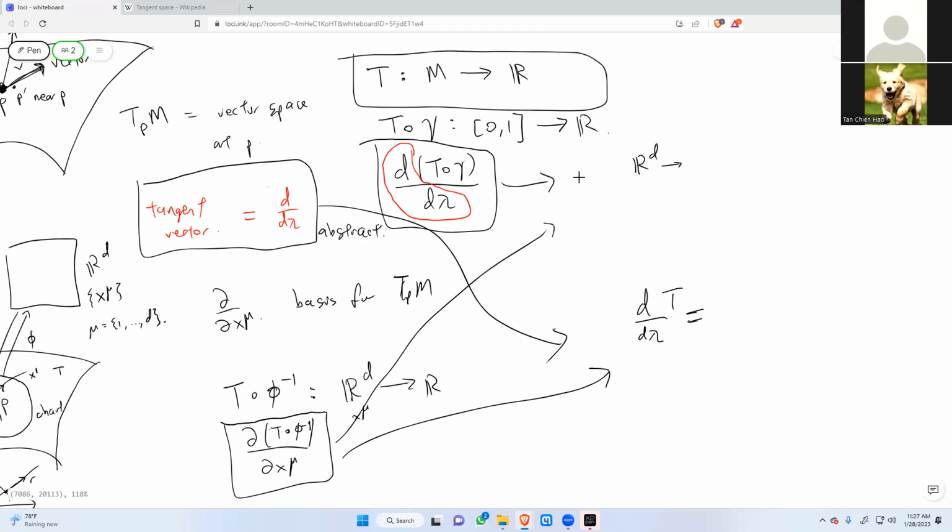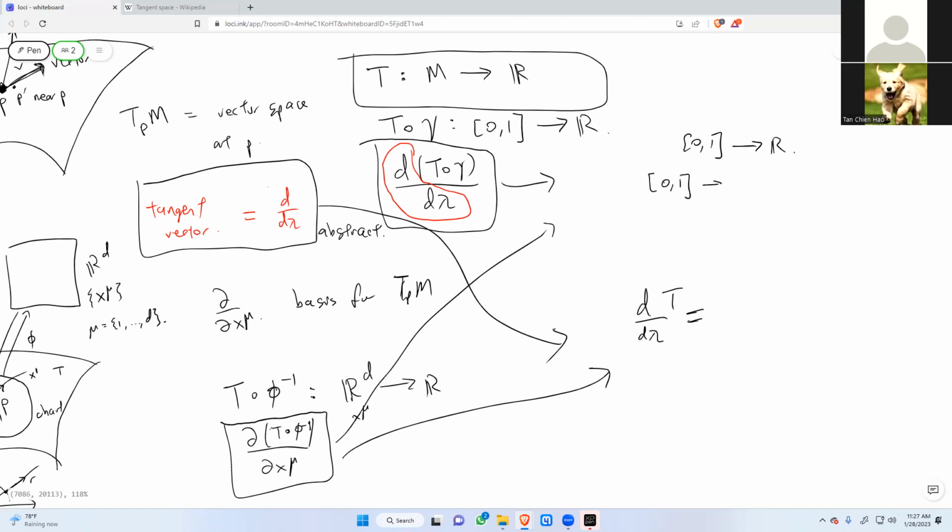When we have a map from this to R, we can actually factor it through.